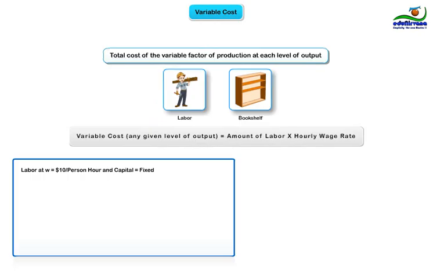Suppose labor for producing bookshelves is purchased in the open market at a wage rate W equal to $10 per person hour and capital is fixed in the short run.